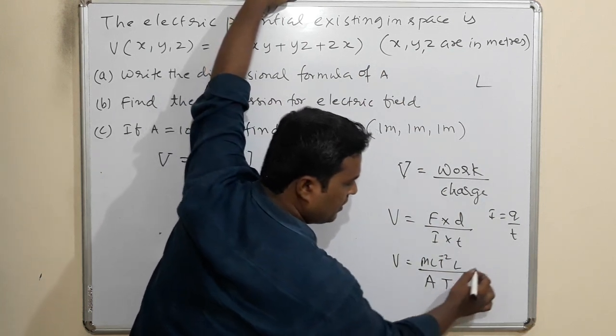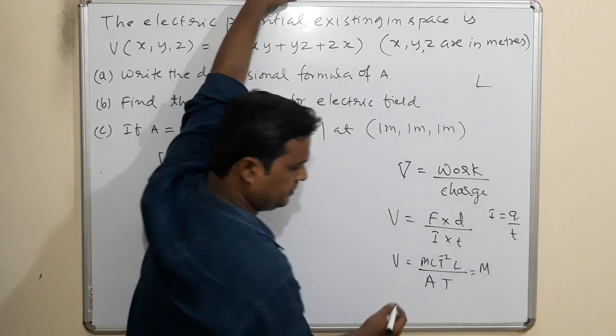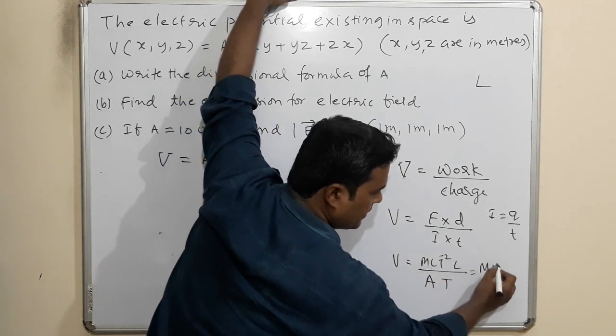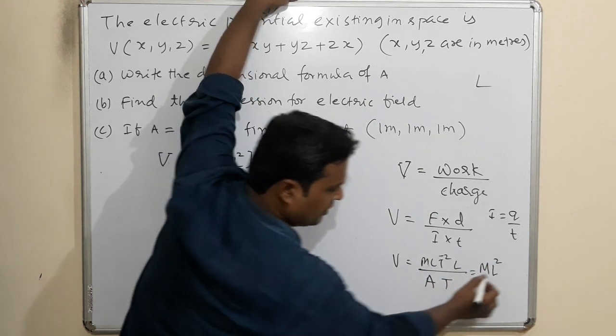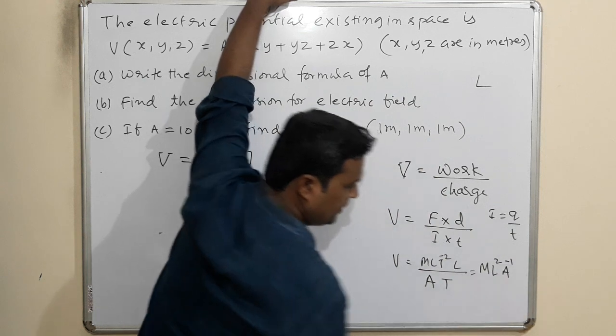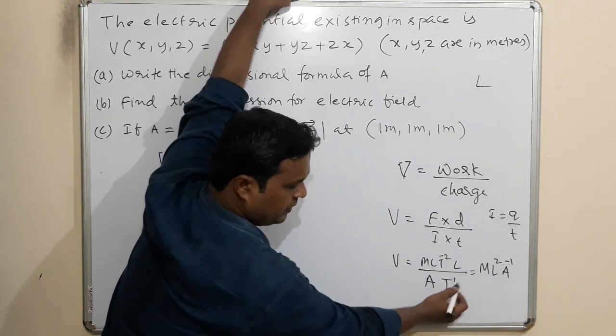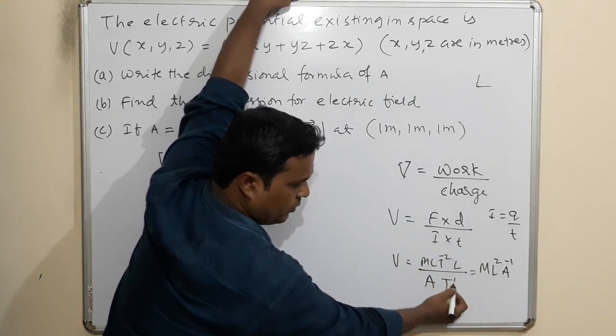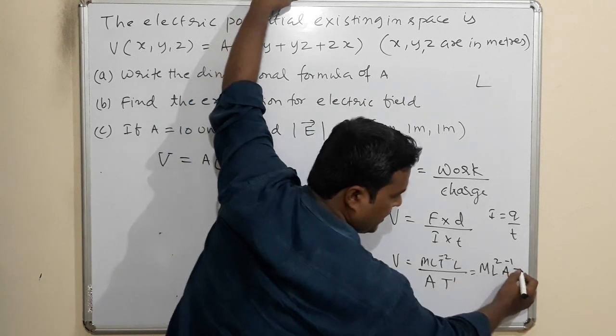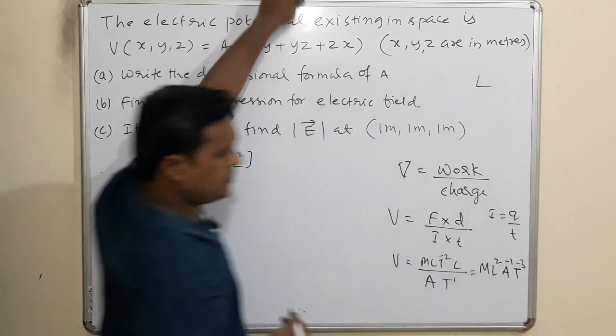Then this will be M. L into L is L square. Then this will be A minus 1, and T, taking to the numerator, becomes minus 1; already minus 2 is there, so T raised to minus 3.